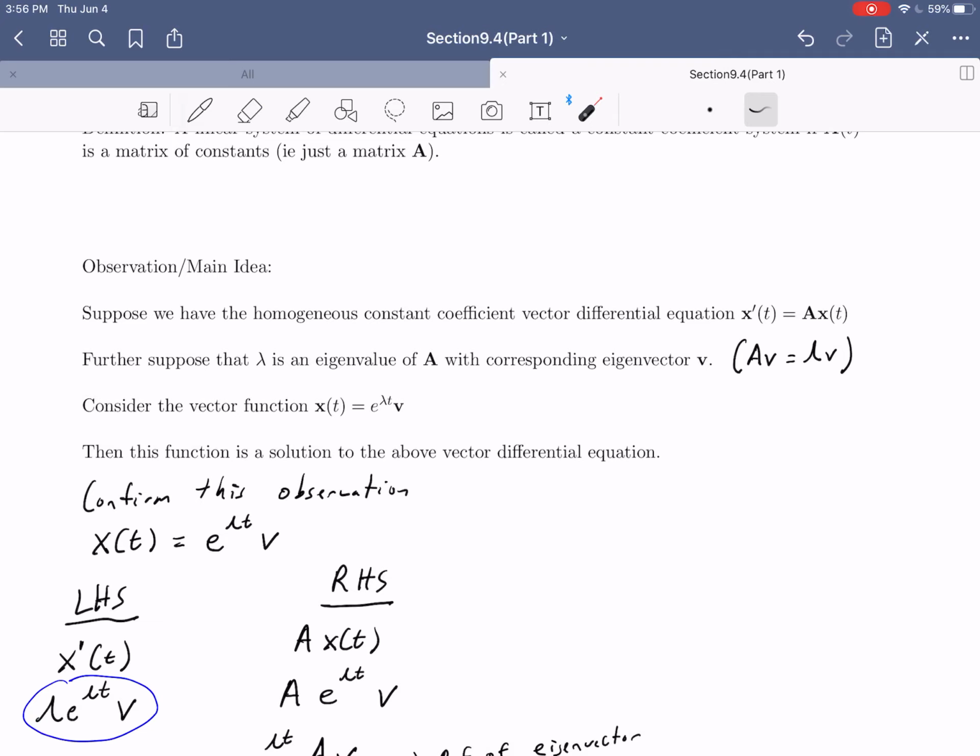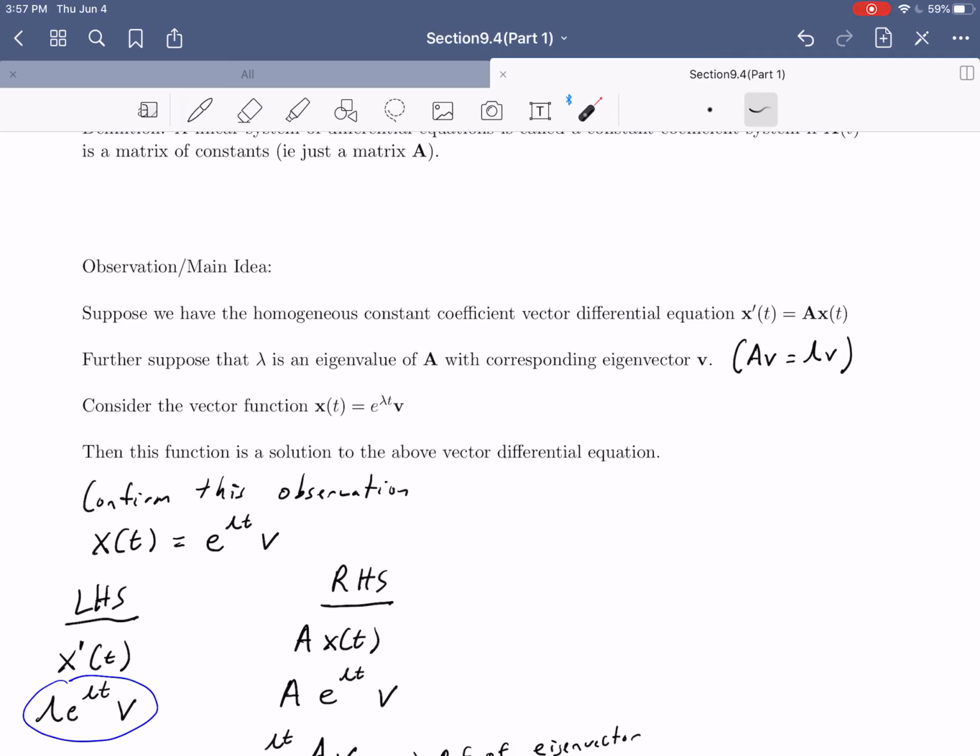We're only determining a single solution here, but consider what we did in the previous video. We stated some results that if we're looking at a homogeneous linear system of differential equations, it's going to be a vector space or a subspace of dimension n, meaning that if we can find n linearly independent functions in this form, then we can say that every solution will be a linear combination of those n linearly independent vector functions.